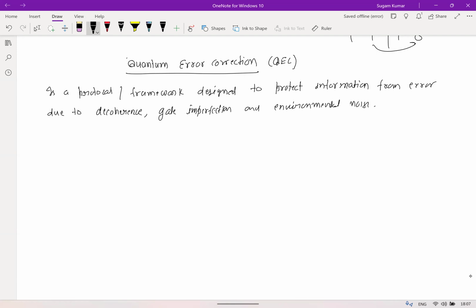Generally, in a classical computer, when a problem comes and this kind of correction is required, what you do is copy, you duplicate the information. Whenever you feel that the information seems to be lost, you can just replace it with the duplicate one.